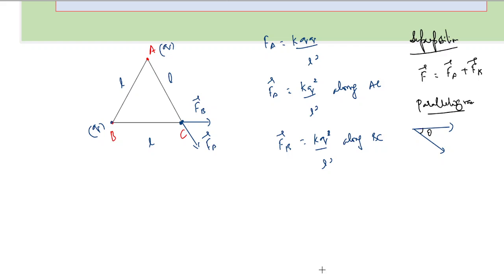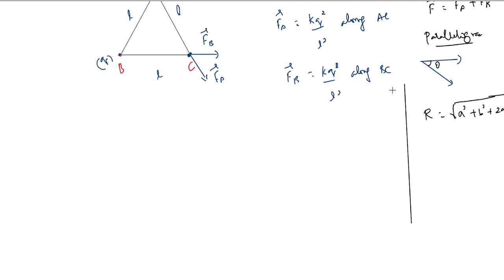It says that if you have two vectors, then the resultant of the two vectors in magnitude, which is called R, is equal to, say, A square plus B square plus 2 into A into B into cos theta. Using that formula here, the resultant magnitude, which you call F, is equal to the square root of Fa square plus Fb square plus 2 into Fa into Fb into cos theta.